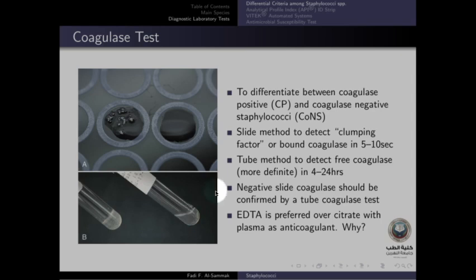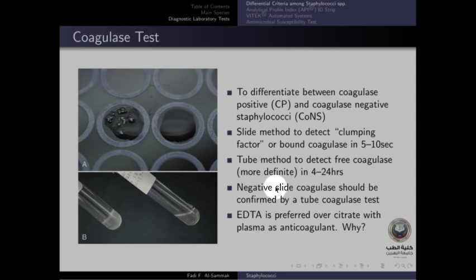In the tube method, there will be emulsification of several colonies in 0.5 ml of rabbit or human plasma with EDTA, and then incubation at 35 to 37 degrees centigrade for 4 hours. So we watch for clot formation within 1 to 4 hours.